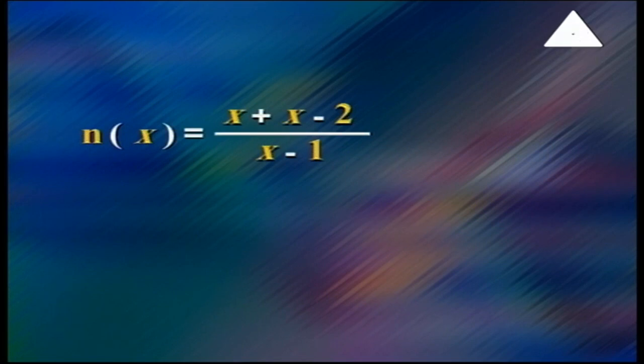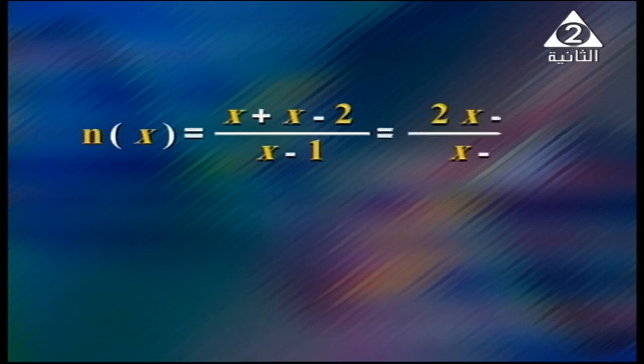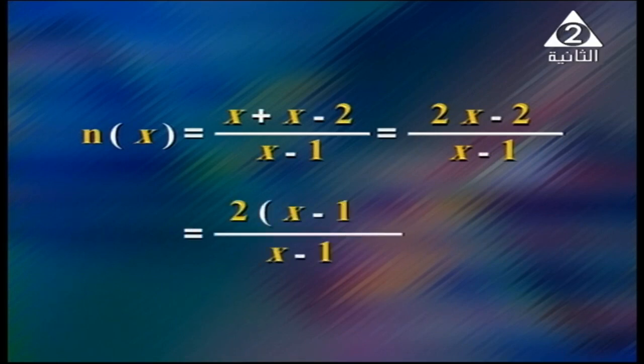By collecting like terms, yes, it will be (2x minus 2) over (x minus 1). You are going to notice that you can take 2 as a common factor from the numerator. So by taking 2 common factor, (x minus 1) over (x minus 1) will be reduced together to obtain a result as 2.